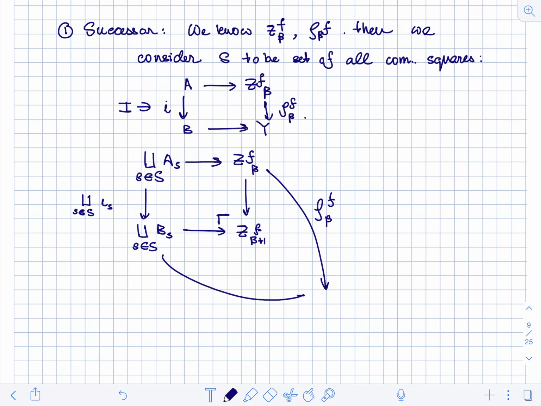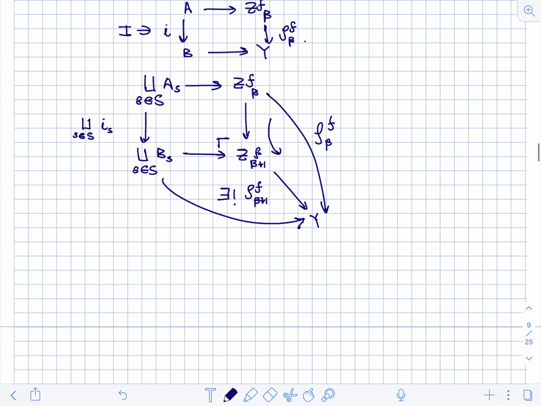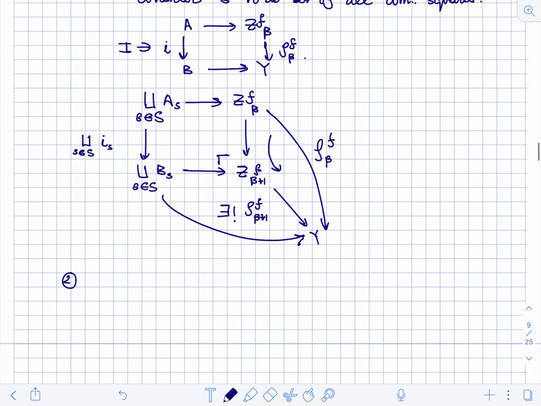Since this is a coproduct, the cocone formed by Y under this diagram induces an arrow from ZF beta plus 1, which is unique, and this triangle commutes, preserving the naturality of rho f beta plus 1, and hence we have what we want.